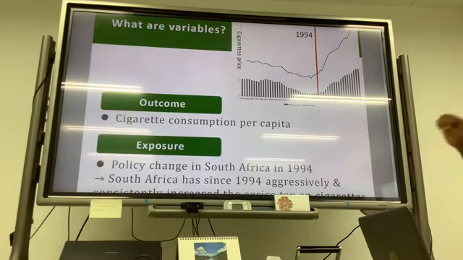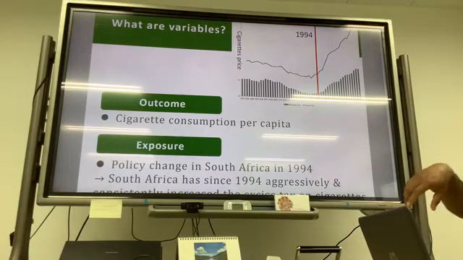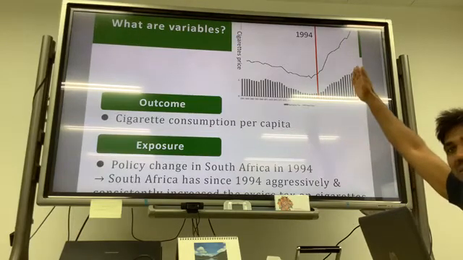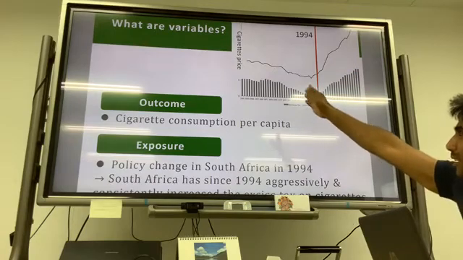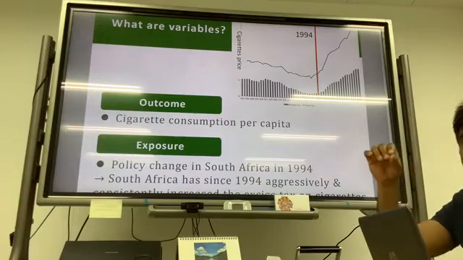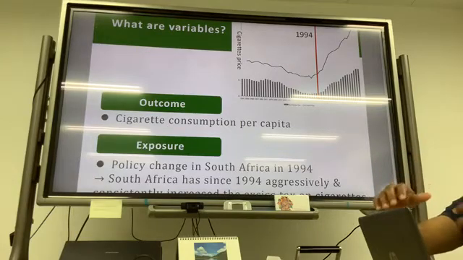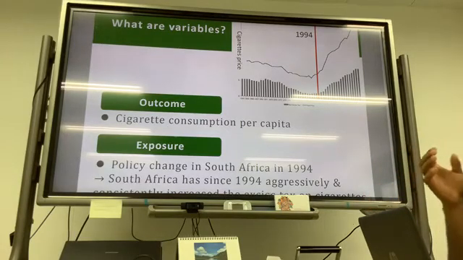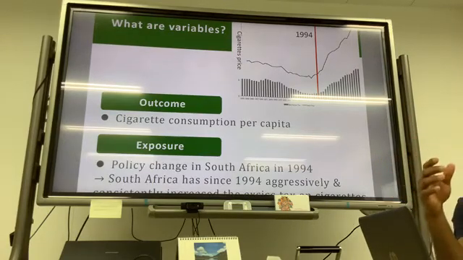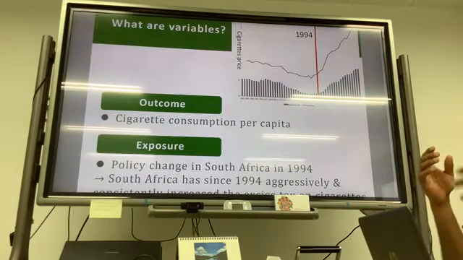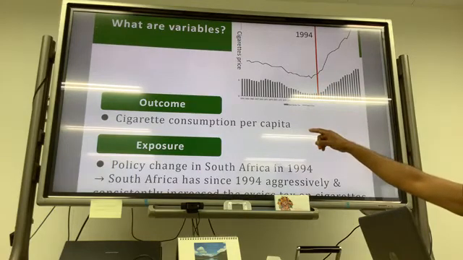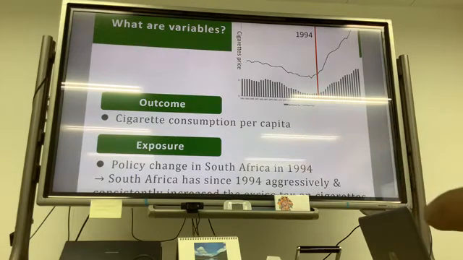Yeah, as I understand this method, before the treatment they use a matching technique. In this case they use Peru, Venezuela, those countries to create a synthetic South Africa. So this dotted line is a synthetic South Africa made out of those countries.